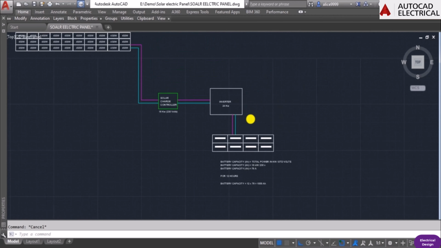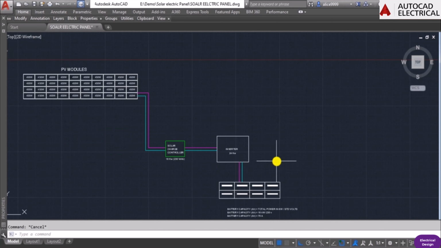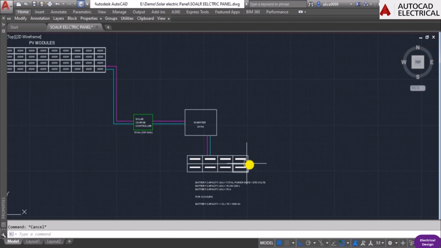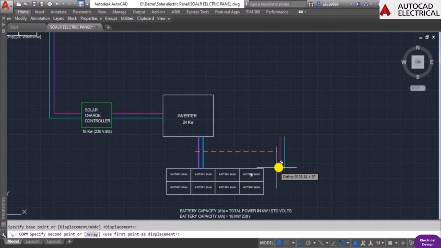This is the battery calculation, and next are the appliances fed from the inverter. For example, the appliances are going from here to each inverter.